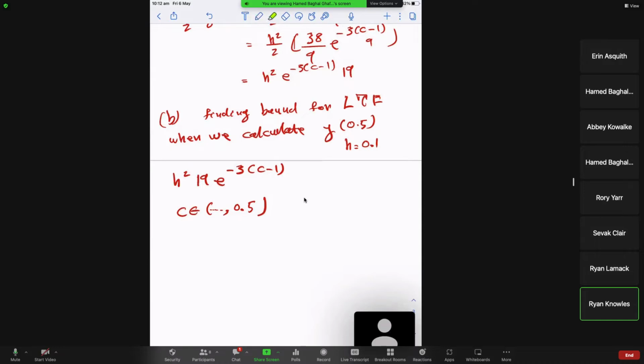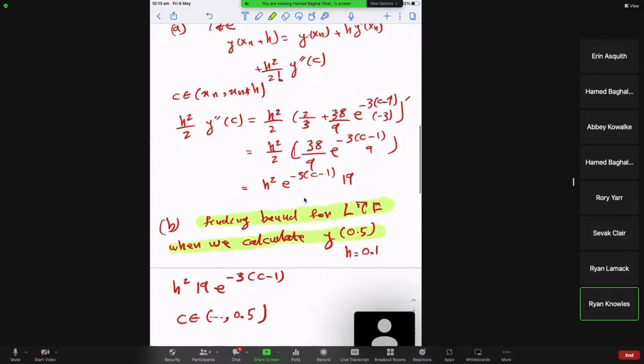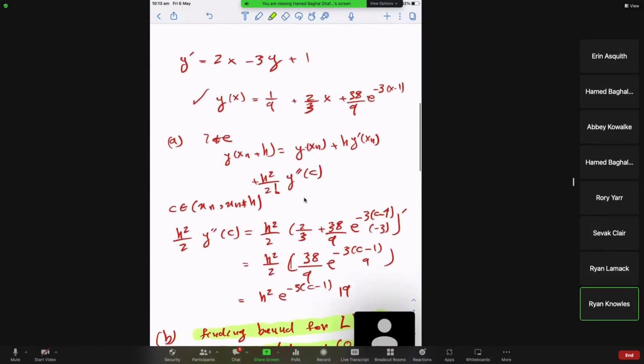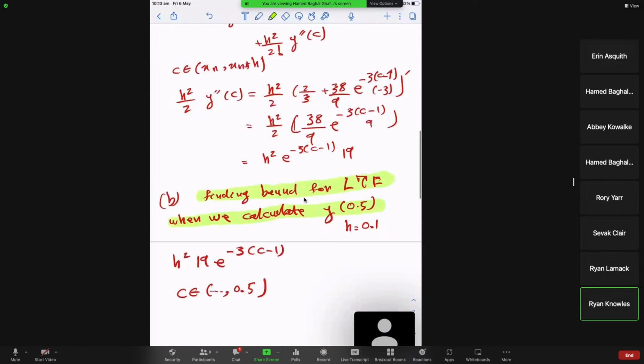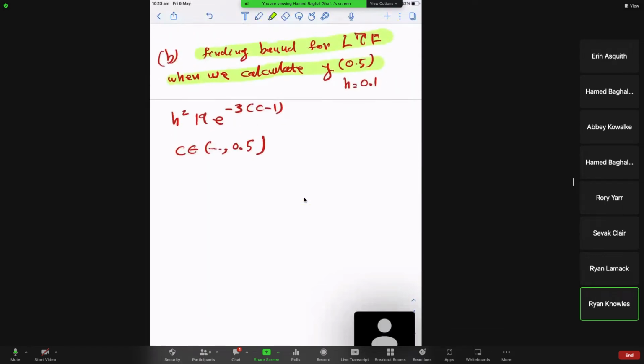I wrote this one: finding the upper bound for the LTE if we want to calculate y of this point, and everything starts from y of 0.